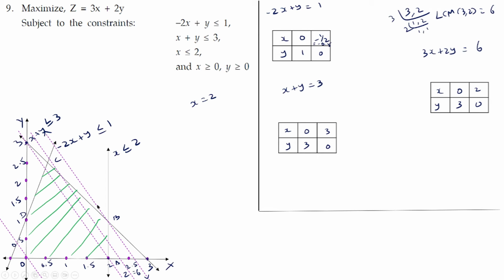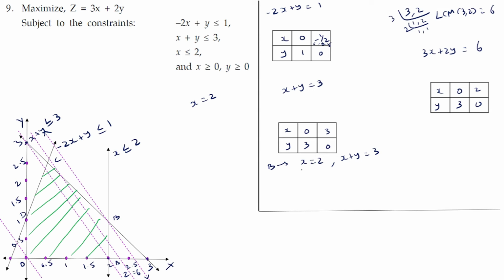Iso means same. Now to know the value of Z, we can find the coordinates for B. If we find the coordinates for B and substitute the values of x and y, we will get the maximum value for Z. B is the point of intersection of the lines x is equal to 2 and x plus y equal to 3.